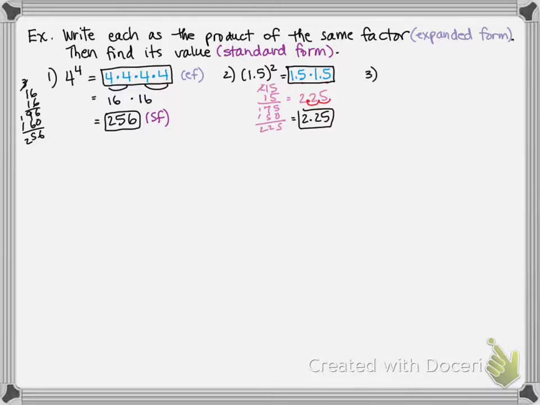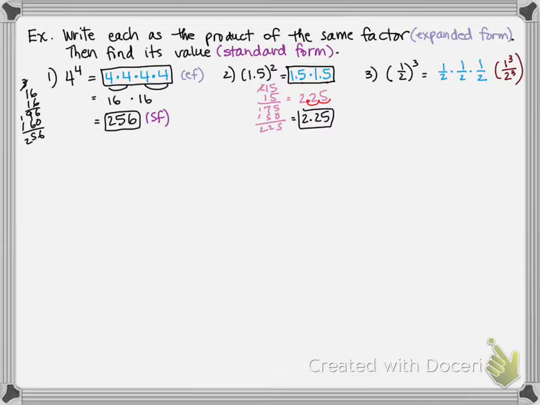Let's try a fraction. Let's take 1/2 and let's cube it. So first things first, we're going to write it as the product, or expand it. So it's 1/2 times 1/2 times 1/2, which I'm going to show you over here means the same thing as cubing the numerator and cubing the denominator.